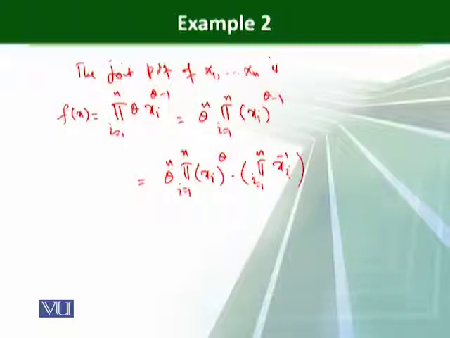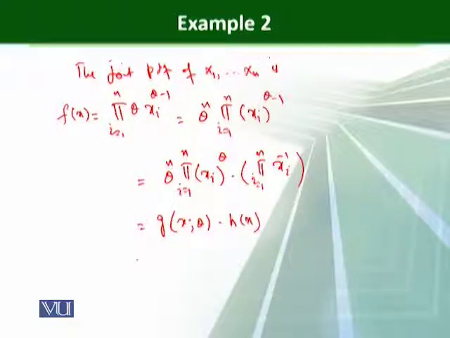Now we can see that this function is a part of the sufficient statistic, the product of xi, i varies from 1 to n, which we had to show, is present in it, and the parameter theta is also present in it. So we can say that this is g of x, theta, and here just the function of x, so we can write it as h of x.